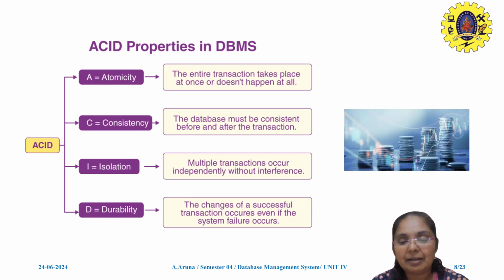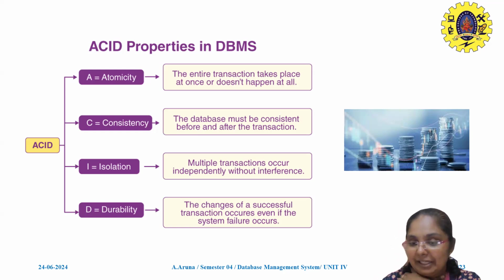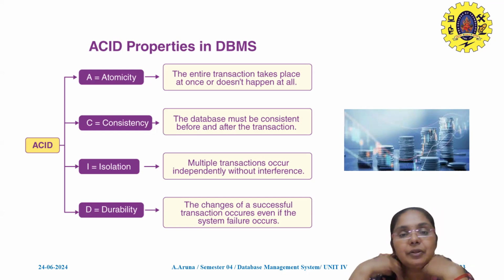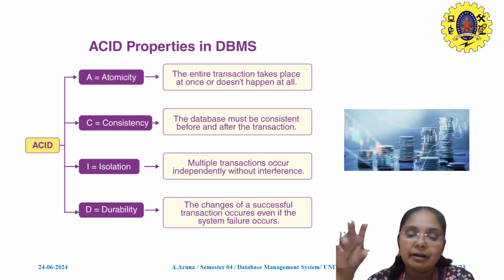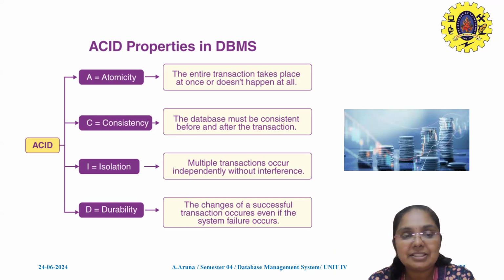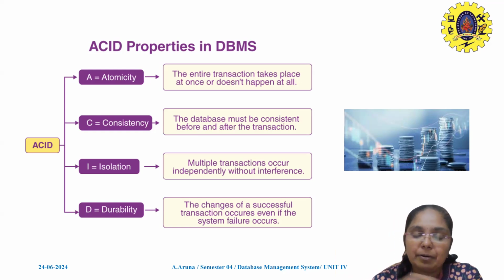That particular time we can call durability. Even if the system fails, it will return back to your home page. So in that place also we can see the durability of that particular schedule or transaction. So this can be called the ACID property.